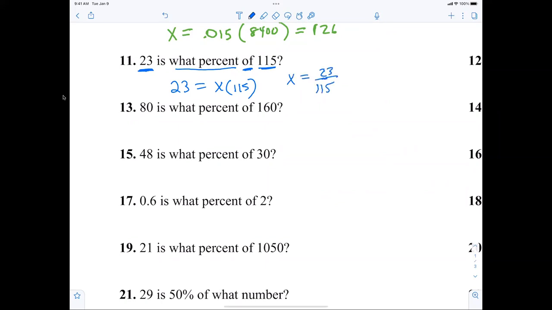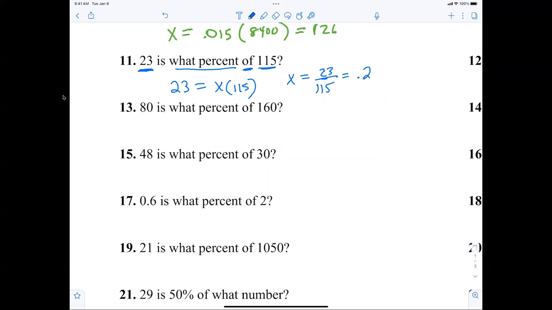What did you get for that, Maggie? No. 23. The first number goes in first. 23 divided by 115. 0.2. But is that a percentage?